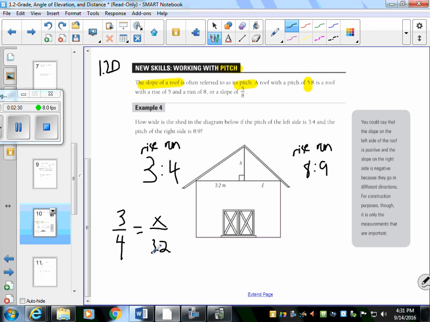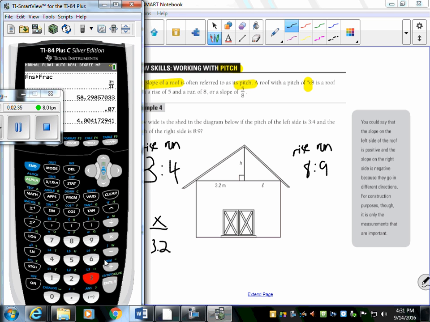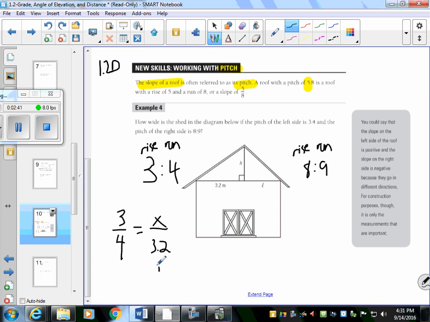Well, we do our cross multiplying. So 3 times 3.2 gets us 9.6 is equal to 4x. How do we get x alone? Well, we divide by 4.